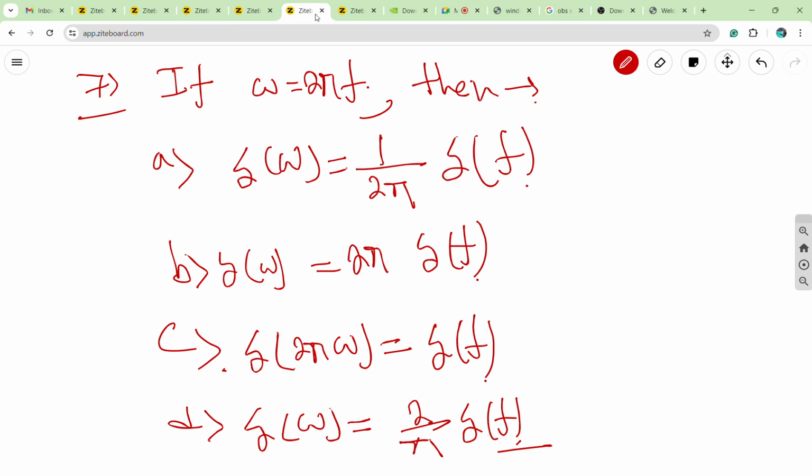Just start to derive it. So what's the delta function according to you?